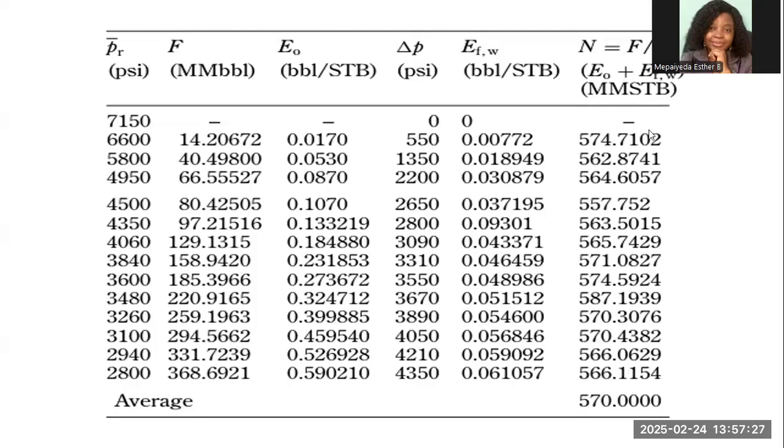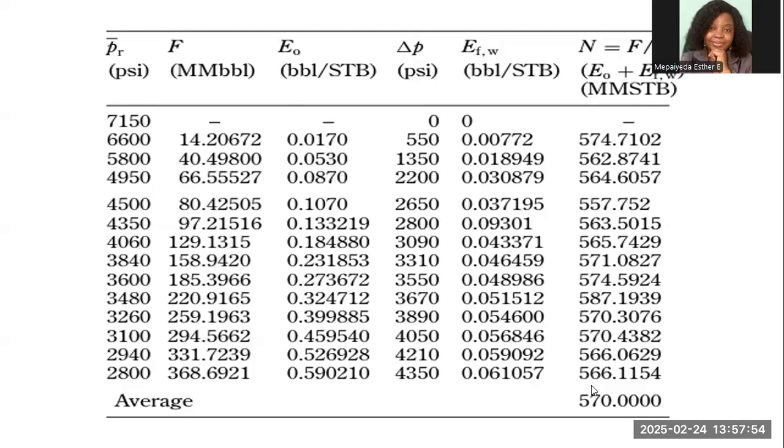Okay, so upon adding here, the average you have is 570 mmSTB. You can actually add for the saturated state as well and check the average. We check the average for the undersaturated state, you can check the average for the saturated state, and you can check the total average.